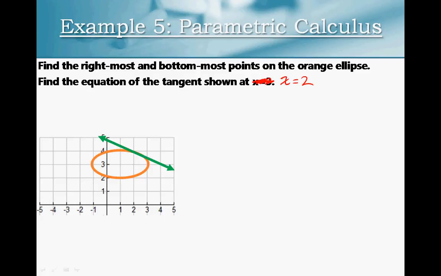Okay, so to find the rightmost and bottommost points on the orange ellipse, if you think about the rightmost point, you can think of that as maximizing the x-coordinate, right? So we already know the answer right here. We know that the rightmost point is 3, 3, but what we're going to do is maximize the x-coordinate, so we're going to maximize x of t for the rightmost point.